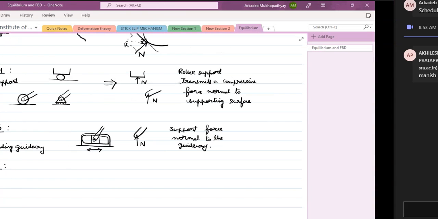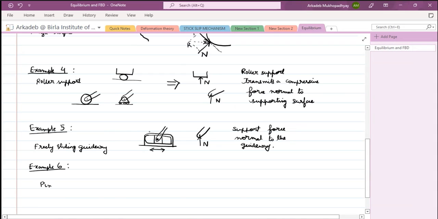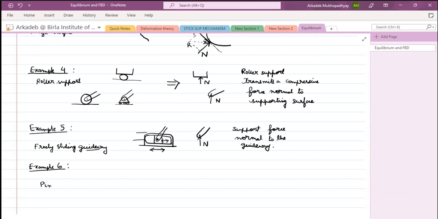There is no other motion. So only along this guideway, this block is reciprocating. That is what I am calling a freely sliding guideway. Got my point?